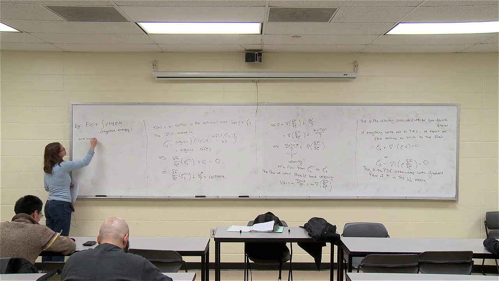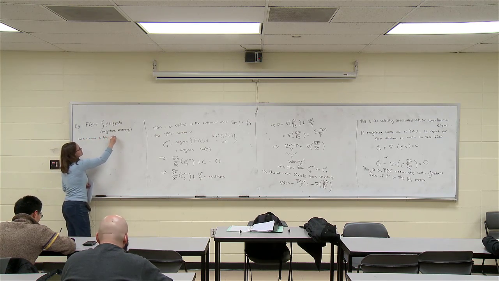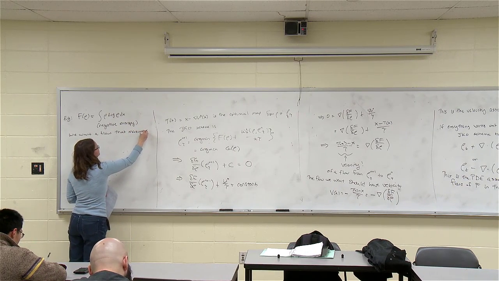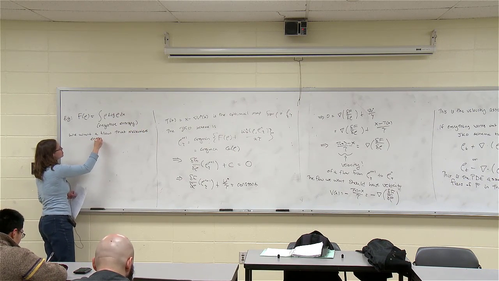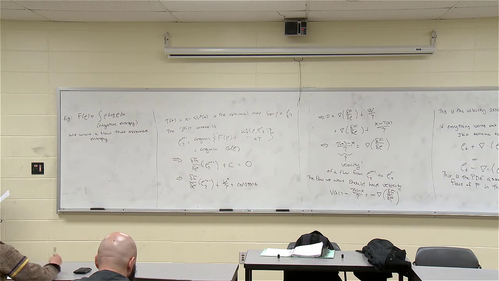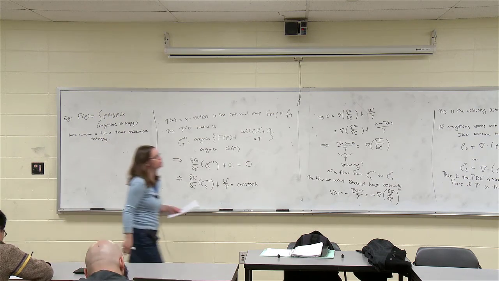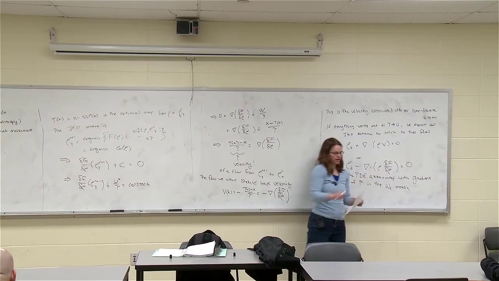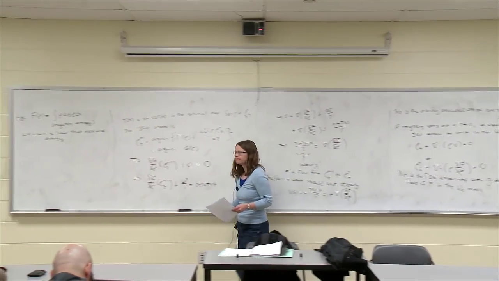So we want a flow that tries to maximize entropy. Okay, so what do we need? All we need to do that is come up with the first variation of F. We know how to do that.